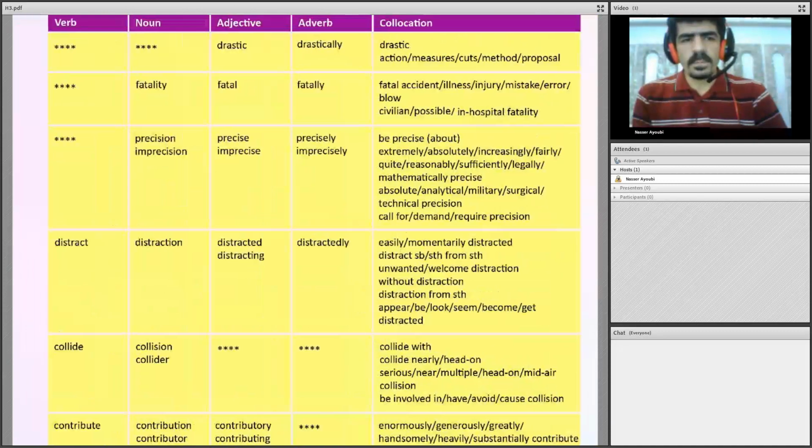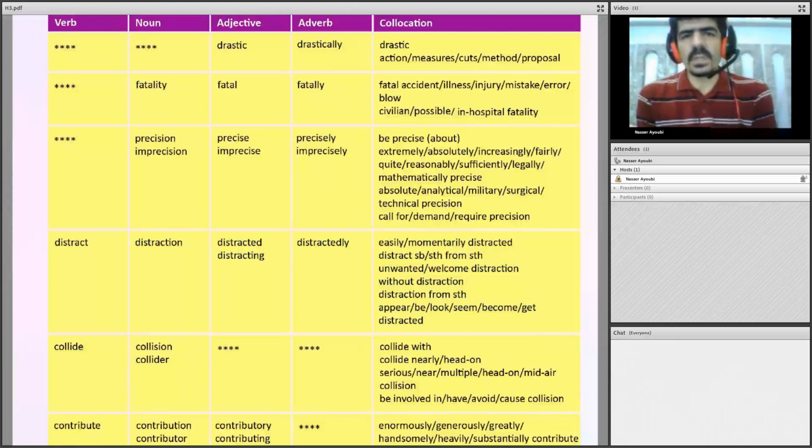Next one. There is no verb. The noun is precision, imprecision. Please note that the addition of a prefix to precision doesn't make any change in the stress pattern of the word.